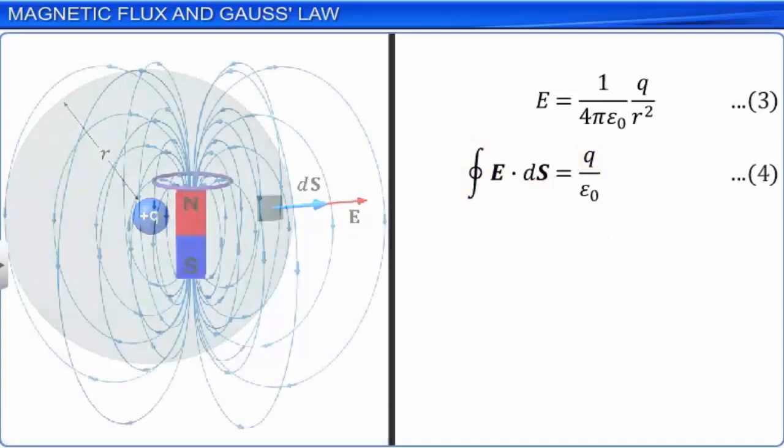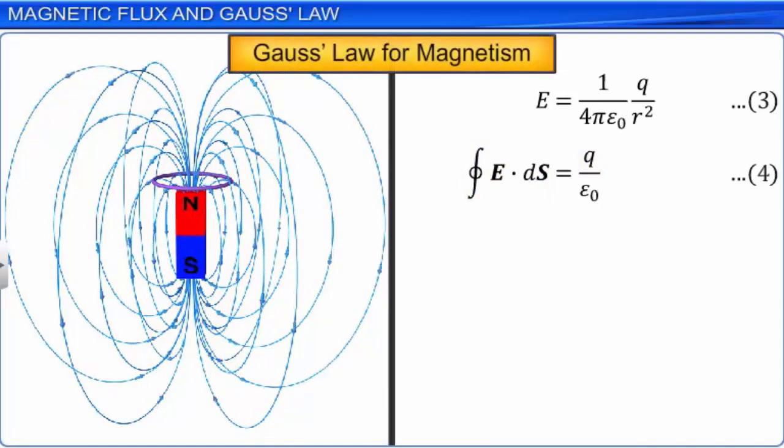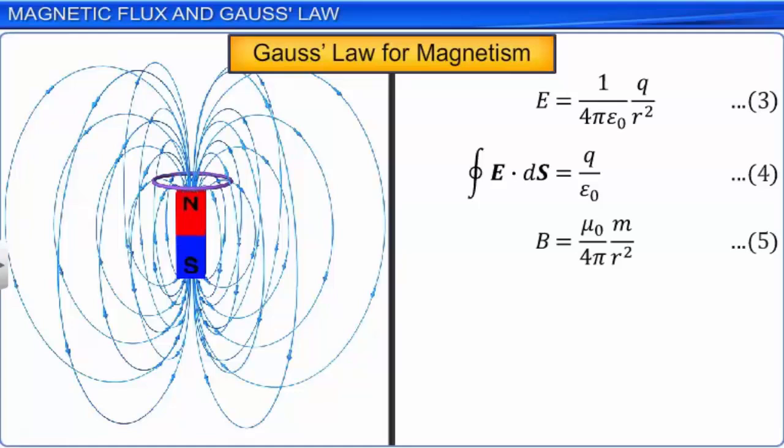Similarly, Gauss' law for magnetism can be derived from the definition of magnetic field strength. We know that the magnetic field strength B is equal to mu0 by 4 pi into m by r square. Let this be equation 5. By observing Gauss' law for electrostatics, we can write Gauss' law for magnetism as integral over a closed surface B dot ds is equal to mu0 times the net pole strength enclosed by the closed surface.